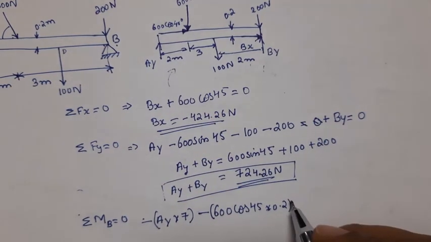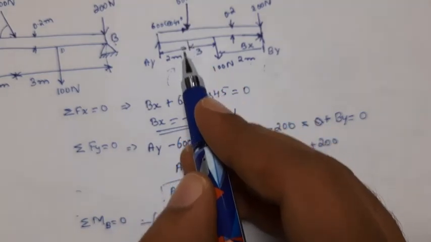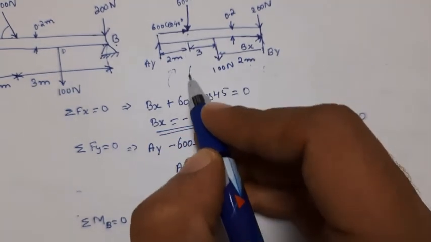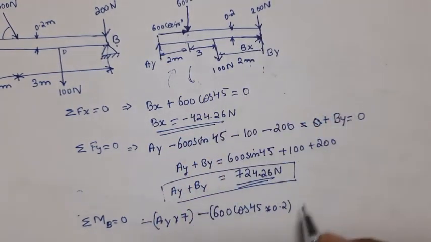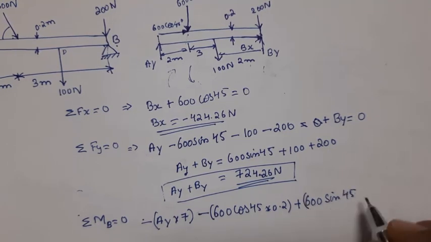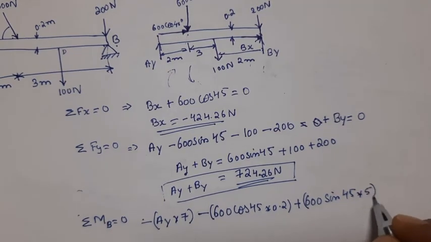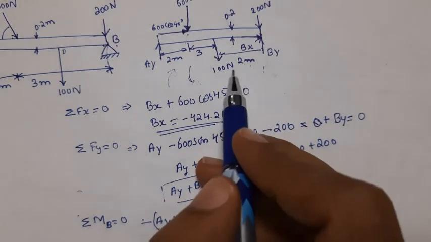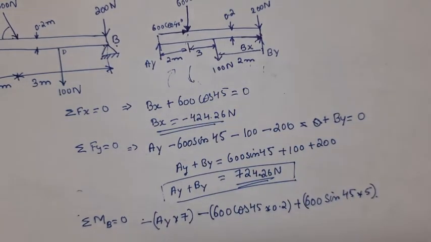Then next we have this particular force acting in the anti-clockwise direction from this point. So it will be plus 600 sine 45 at a distance of 5 meters, which is 2 plus 3, 5 meters.